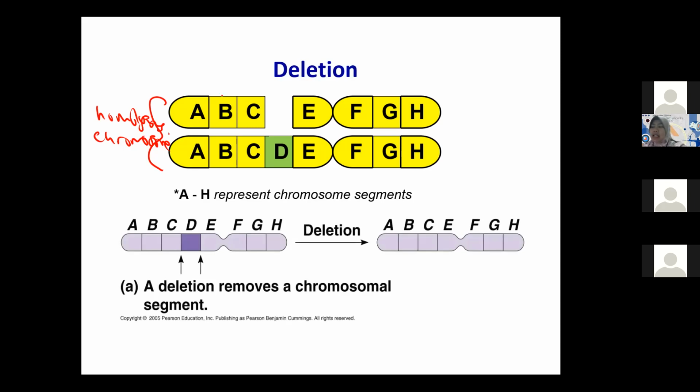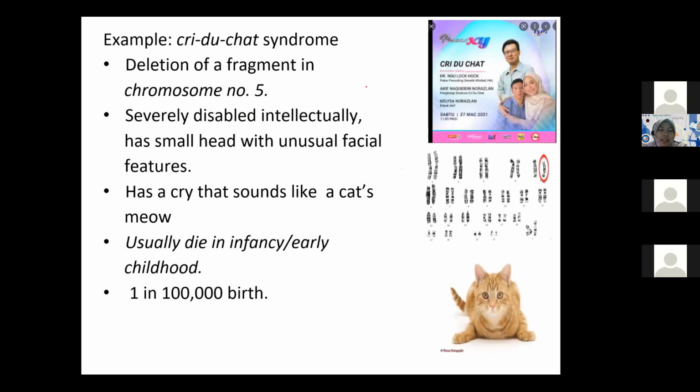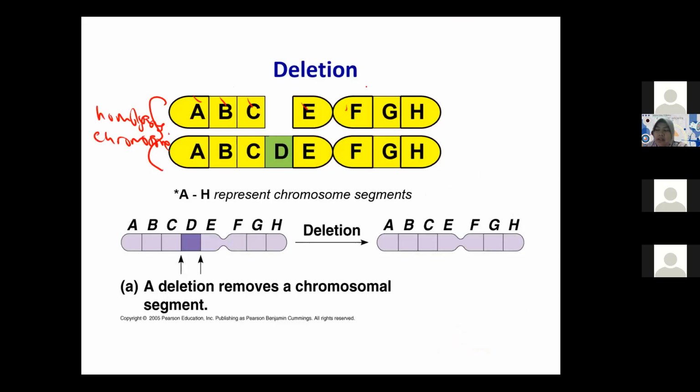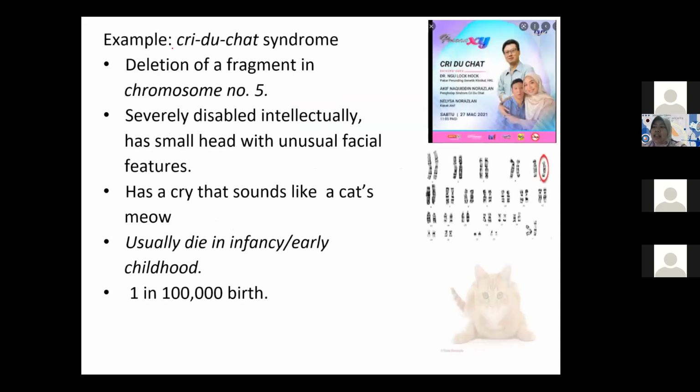You can see dia akan hilang dan jadi A, B, C, E, F, G, H of this one homologous pair. Alright? Example of this change in chromosome structure due to deletion is Cri-du-Chat syndrome. Cara nak sebut dia kena betul, Cri-du-Chat syndrome. Alright. So in Malaysia we have this Cri-du-Chat.